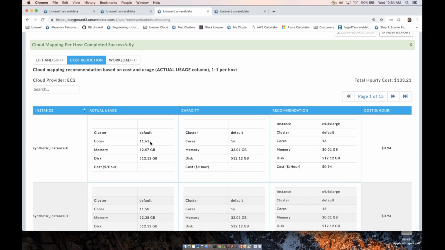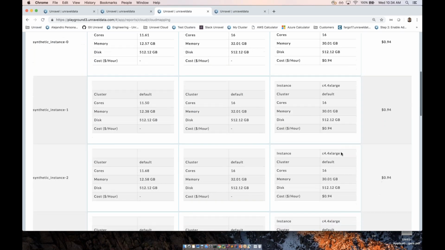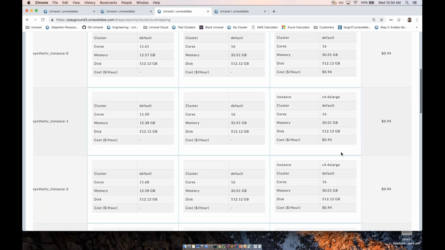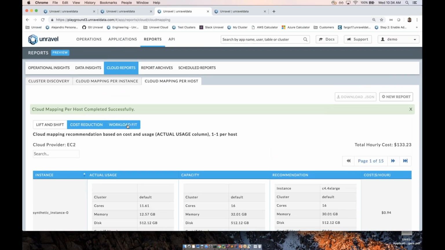But if you have something like YARN Resource Manager, maybe that's going to be more memory heavy. So the topology, or the components running on that host, matter, and each one may have a different recommendation when you pick these VM types.